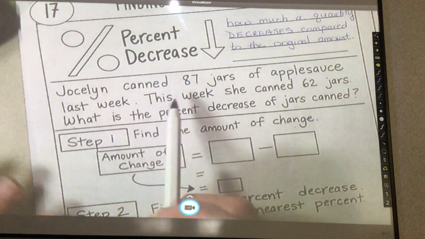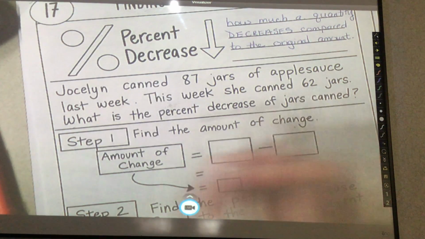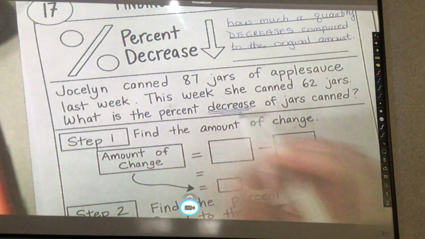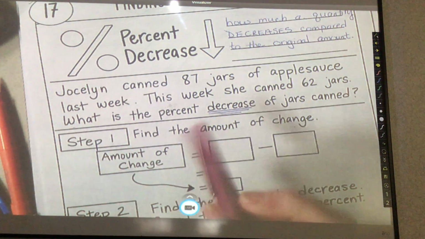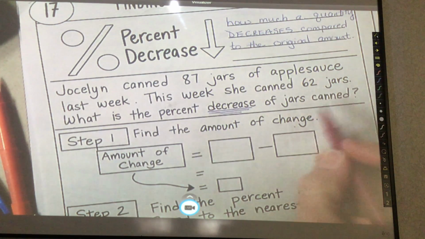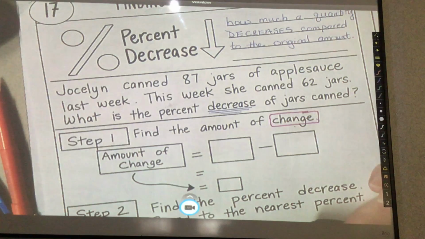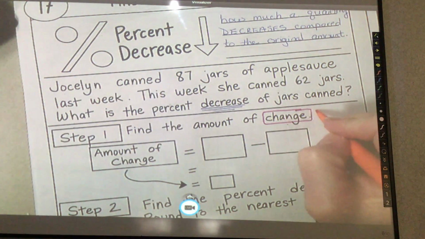So Jocelyn canned 87 jars of applesauce last week. This week she canned 62 jars. What is the percent decrease of the jars canned? Step 1 is to find the amount of change. When we find the amount of change, what are we doing?